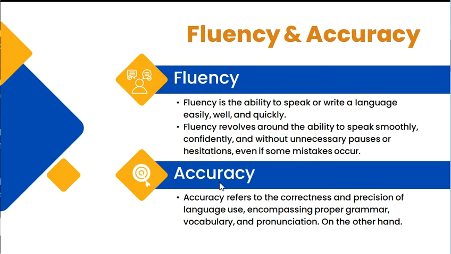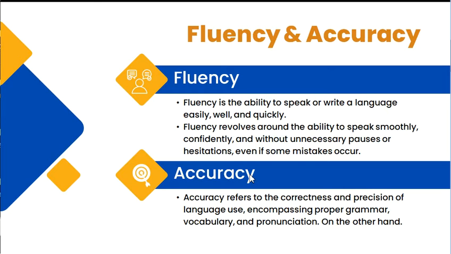Your first objective should be to become a fluent speaker. After you become a fluent speaker, obviously because you make some mistakes, you have to refine your speaking so that you become accurate. So an accurate speaker is one who should be fluent. If you are a fluent and accurate speaker, that is a native-like speaker.